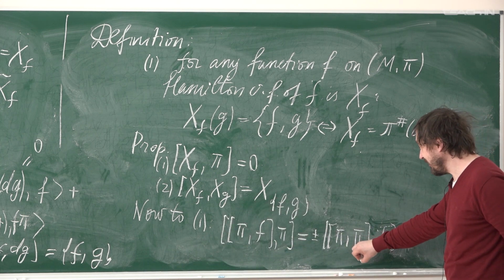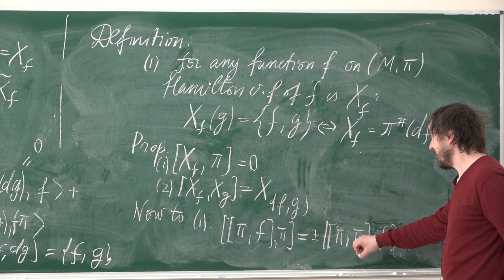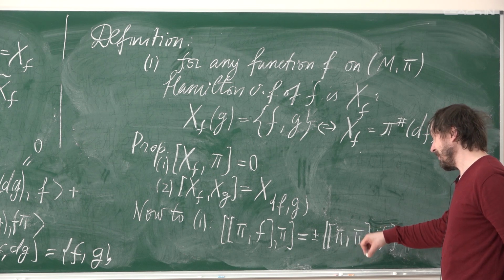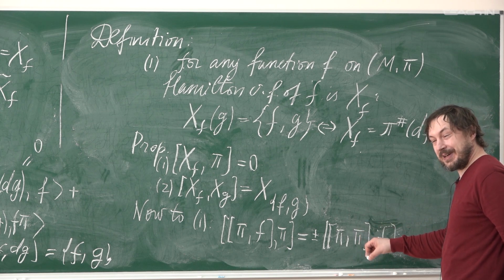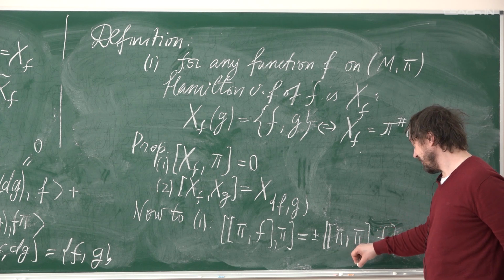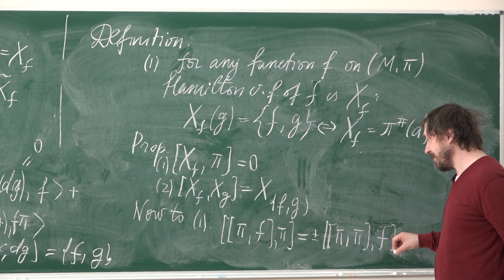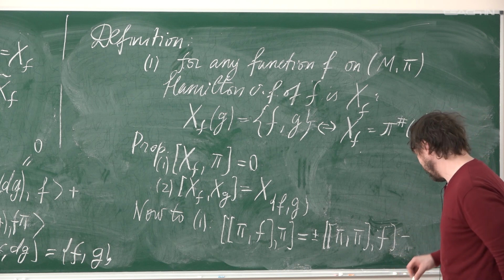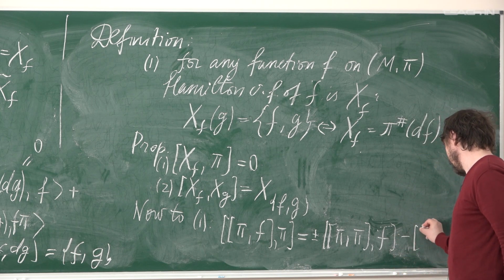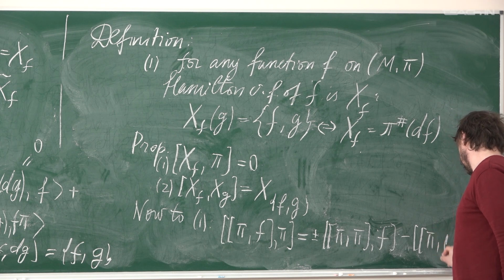Unlike this sign, which is totally redundant because the commutator of pi and pi vanishes identically, this sign is important, and please check that it will be minus here, minus [[pi, f], pi].